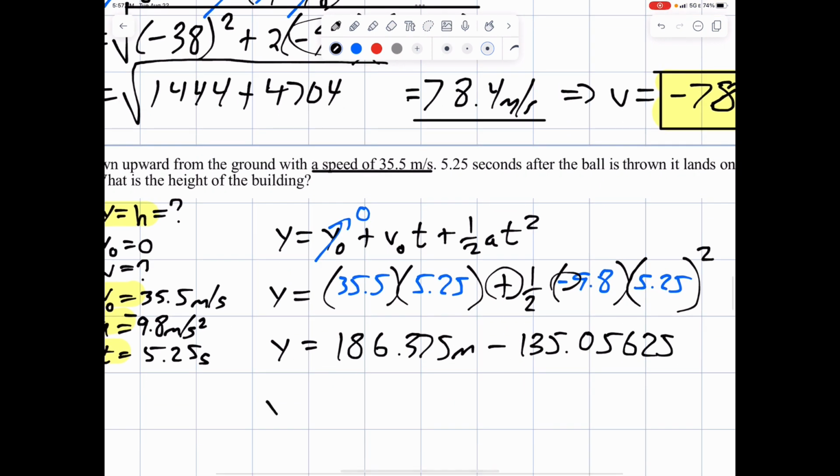Subtract those and we've got the height of the building: 186.375 minus 135.05625. Go ahead and take a second to put that in your calculator. All right, and we should have ended up with about 51.3 meters as y, or the height of the building.